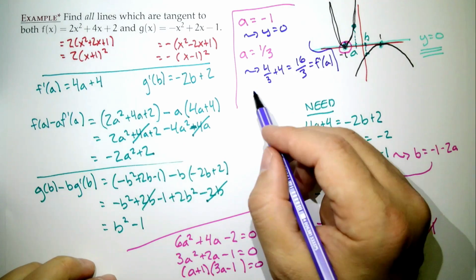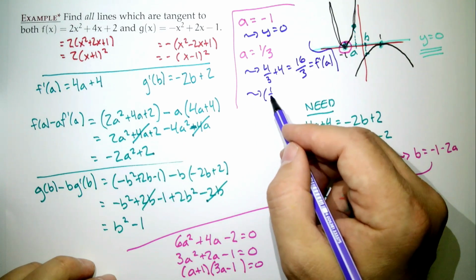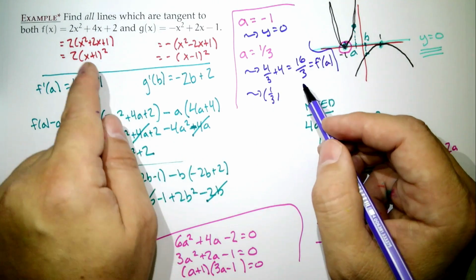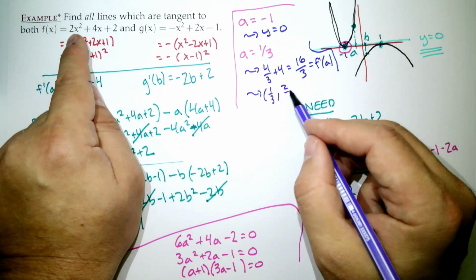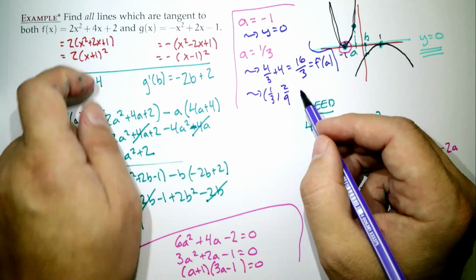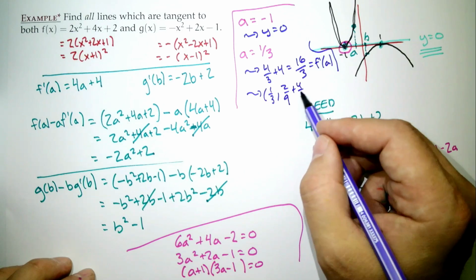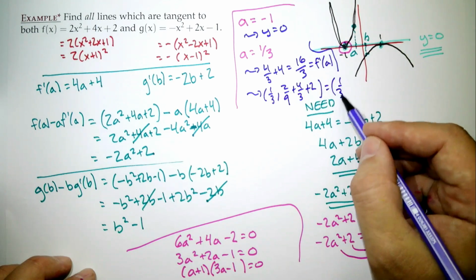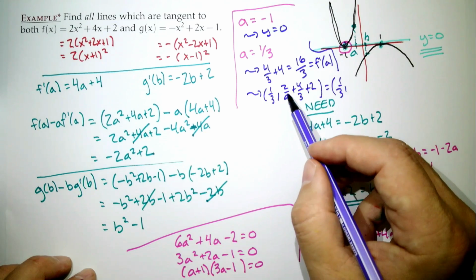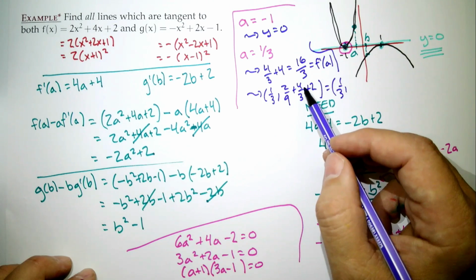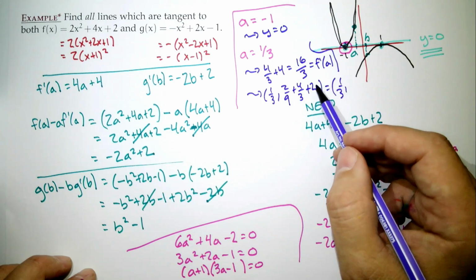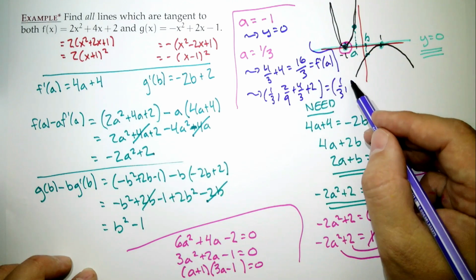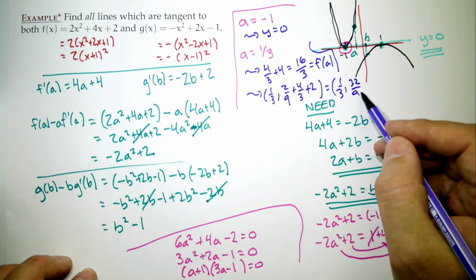Well, what's the point? We can say the x-coordinate is 1/3. The y-coordinate would be 2 times the third squared, plus 4/3 plus 2. We can think of this as 2/9 plus 12/9 plus 18/9, which is 32/9.